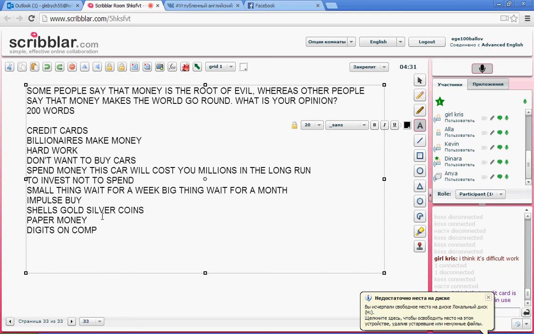All right. Have you ever heard that lots of billionaires just don't want to buy cars? Have you heard of that? Why? Okay, that's a good question. Because they say that when you spend money, this car will cost you millions in the long run.